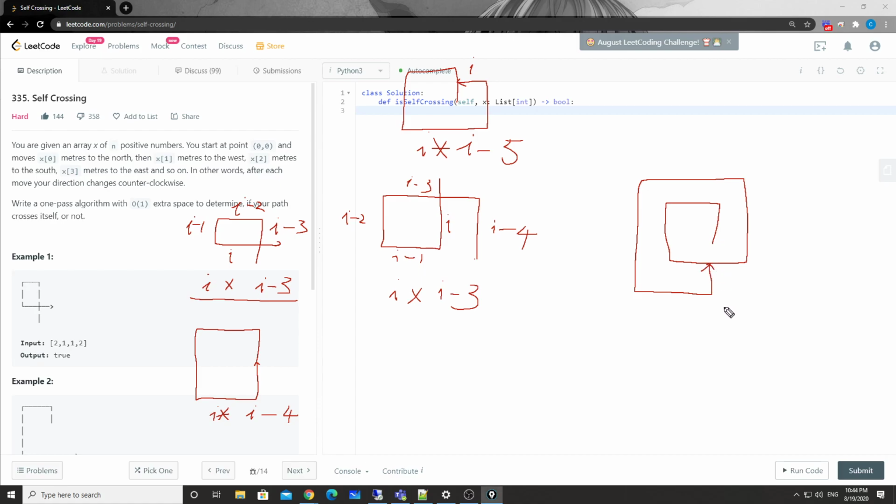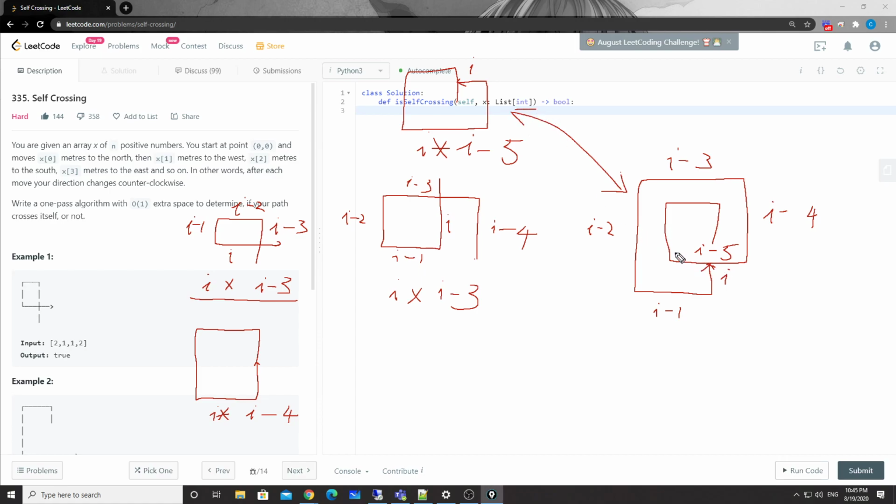If we have this one here, this is I, this is I minus 1, I minus 2, I minus 3, I minus 4, and this one is I minus 5. So this becomes the same pattern as the earlier one.